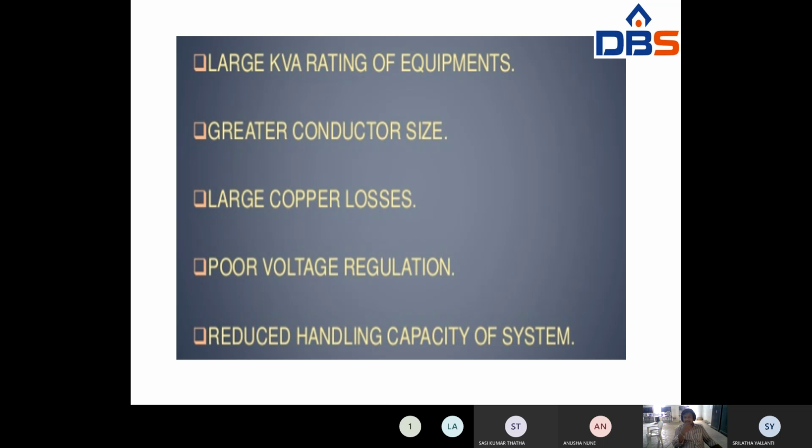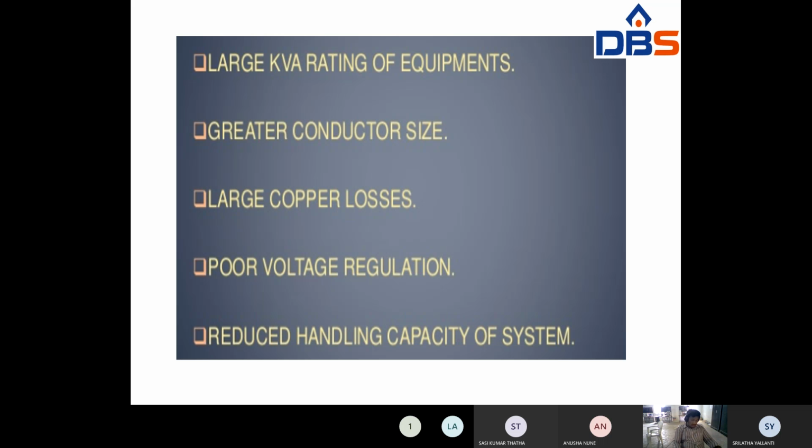As a result, efficiency reduces. Since the copper losses are high, the efficiency decreases, so it is not suitable.